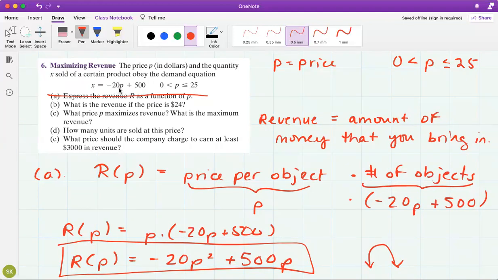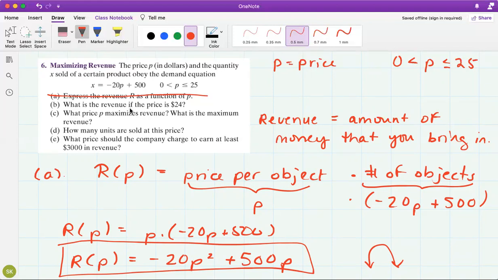So if we charge $1 for P, well, that's times -20. So subtract 20, you get 480. So if we sold this item for $1, we would sell 480 of them. And then our revenue would be 1 times 480, which is 480. If we sold the items for $2, well, we would multiply it by 20, which would be -40, add it to this, you would get 460.